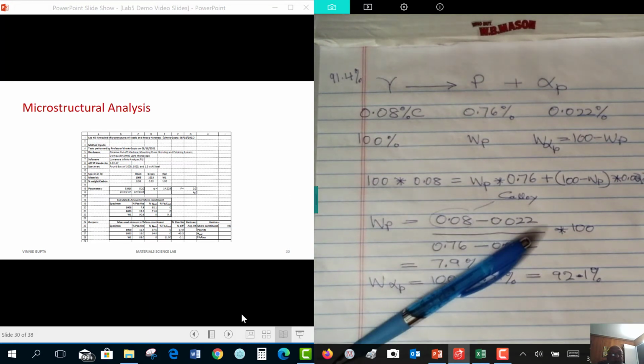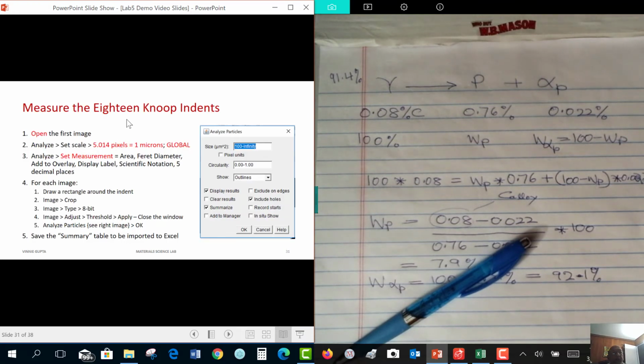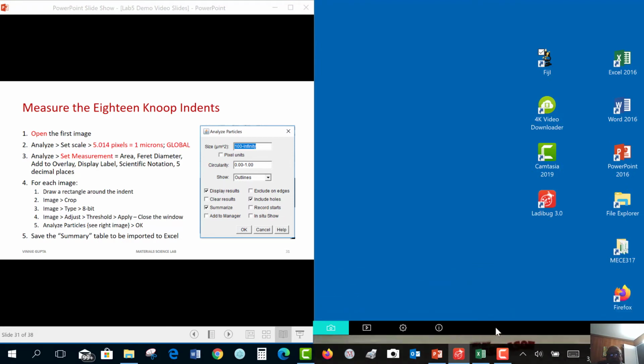Okay, so the second part is about the Knoop indents. I made 6 indents on each of the 3 samples. We want to measure them and get the Knoop hardness of these indents. So let's fire up our Fiji again.